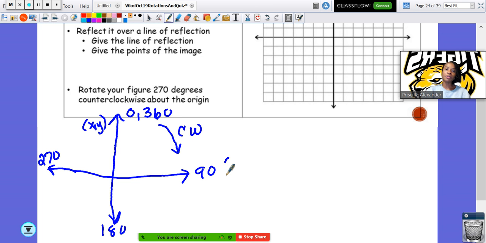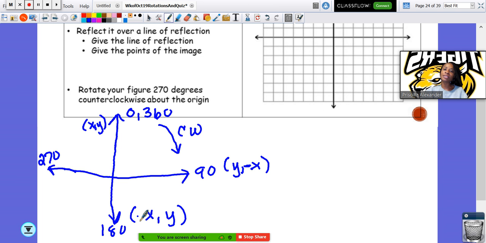So right here, all you need to do is switch both X and Y, switch X and Y, and take the opposite of whatever the X value was. Once you memorize these two, you don't need to worry about trying to memorize the rest of them because you got a hint. Right here is X, Y. So all you have to do is write X, Y down again for 180.